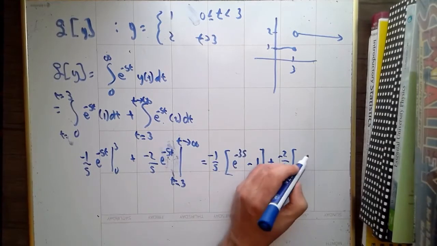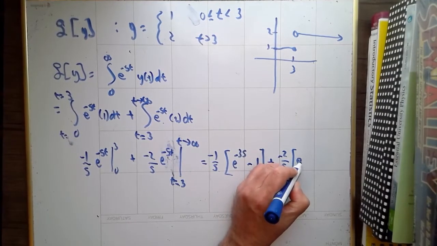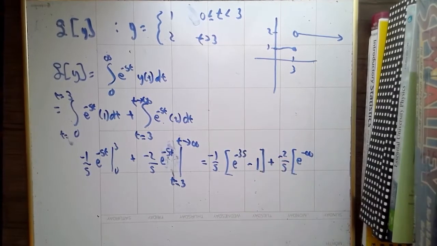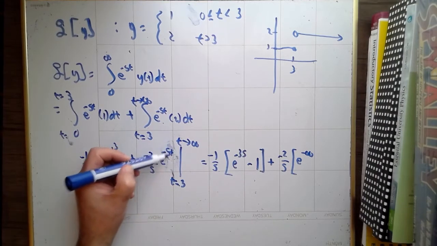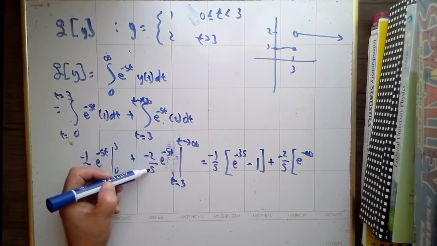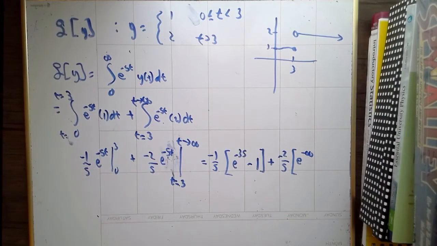Plugging in t equals infinity, we'll get, I'm going to write this down, but then I'm going to erase it, e to the negative infinity. Well, that's really a limit as t approaches infinity. And we really have something like this. We've got an exponential over a polynomial. Exponentials dominate polynomials.